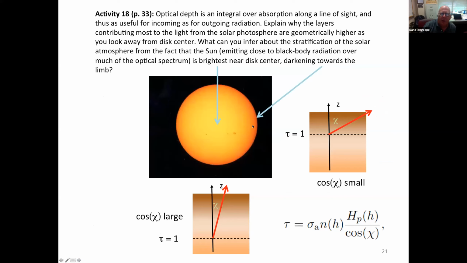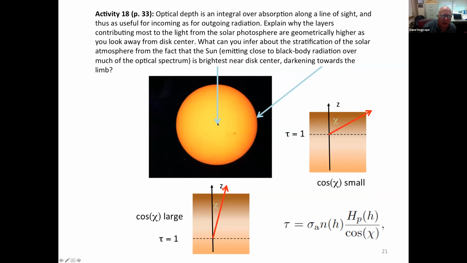When I'm looking close to the limb, the photons are going at a very steep angle, at a large angle relative to vertical. And so cosine of chi is a small number. And that basically makes tau large, or tau equals 1 appears higher up in the atmosphere. So when you look at the limb of a star, you're looking higher up in the atmosphere than when you look at the disk.